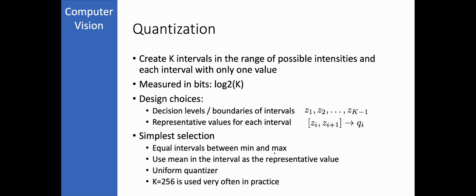To represent the interval, I simply use the mean of the interval, so Zi to Zi plus 1 will be represented by the average of these values. Very often, for the value k, I use 256, so I use 1 byte to represent each pixel.